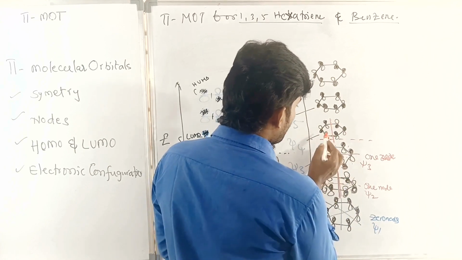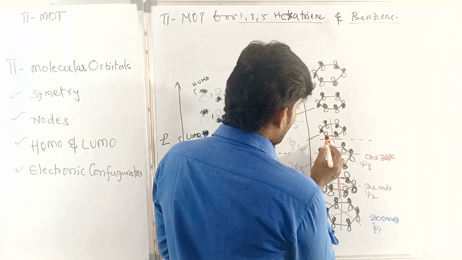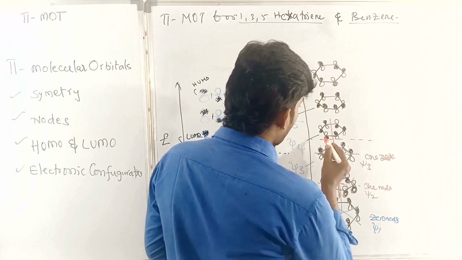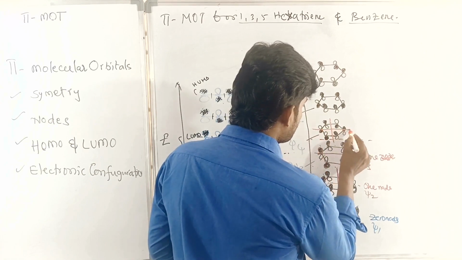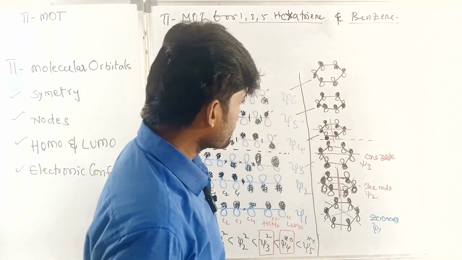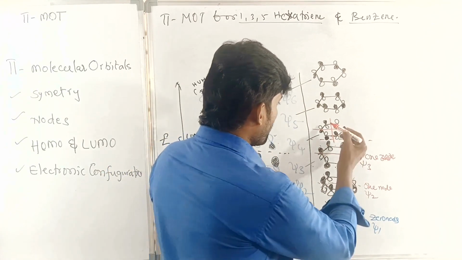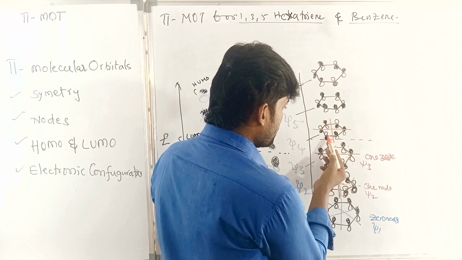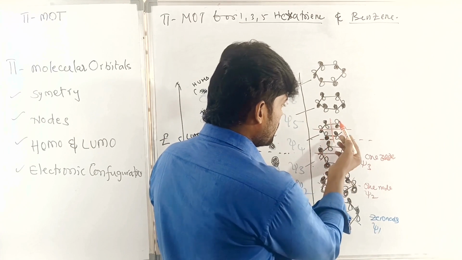And if we use this axis, we are also able to cut it into two parts because C1 is upside and C4 is downside shaded.